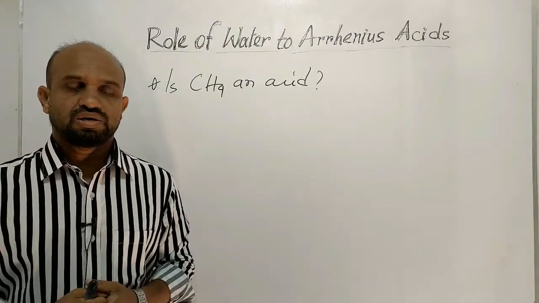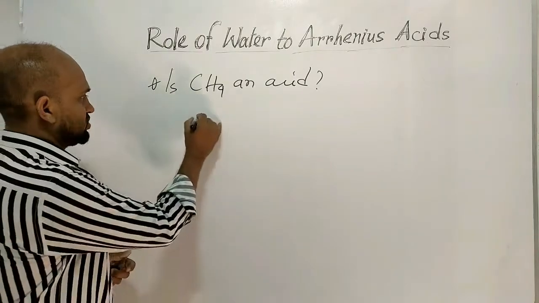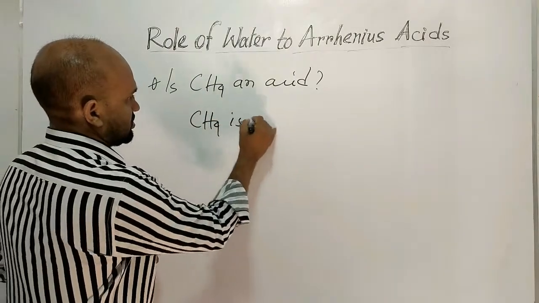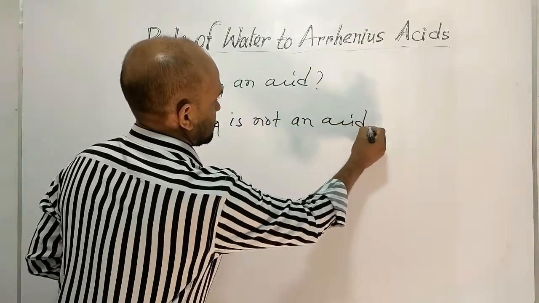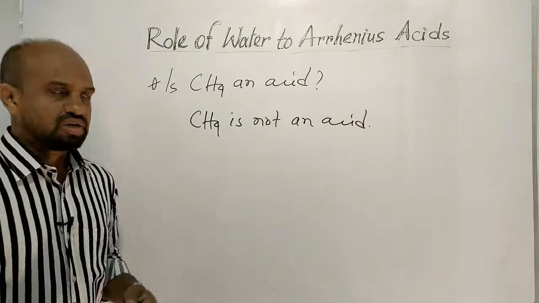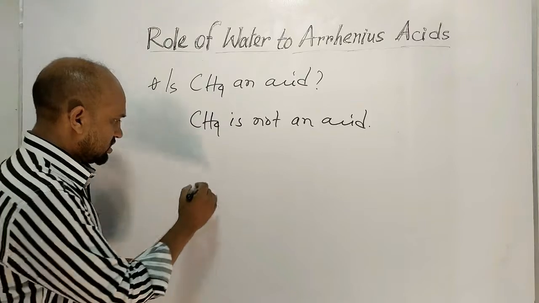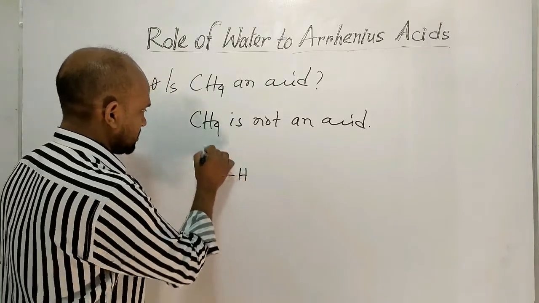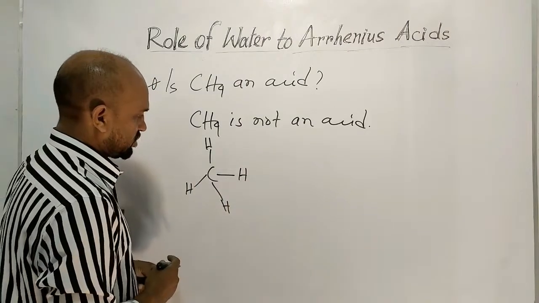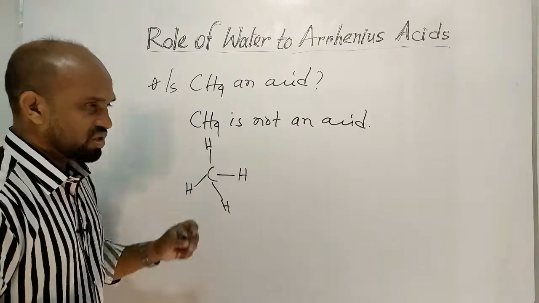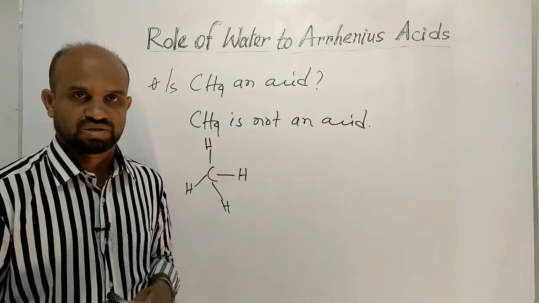Now the point is whether methane is an acid or not. First of all, methane is not an acid. Now let's see why it doesn't act as acid in water. Let's see the structure formula of methane. Its shape is tetrahedral. That is why we can say carbon is surrounded by all tetrahedral four corners.